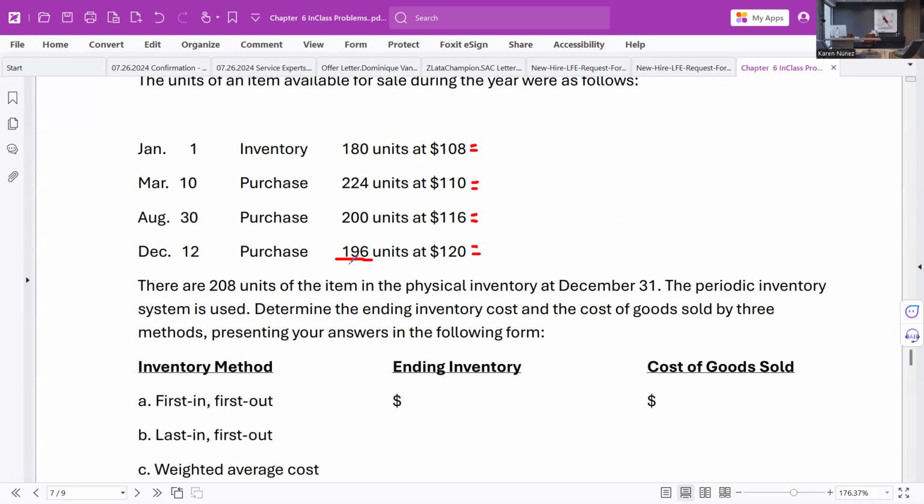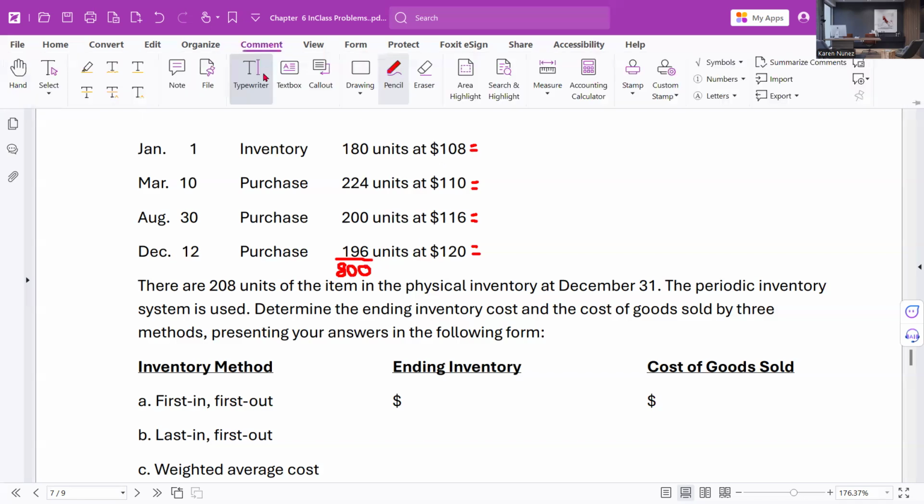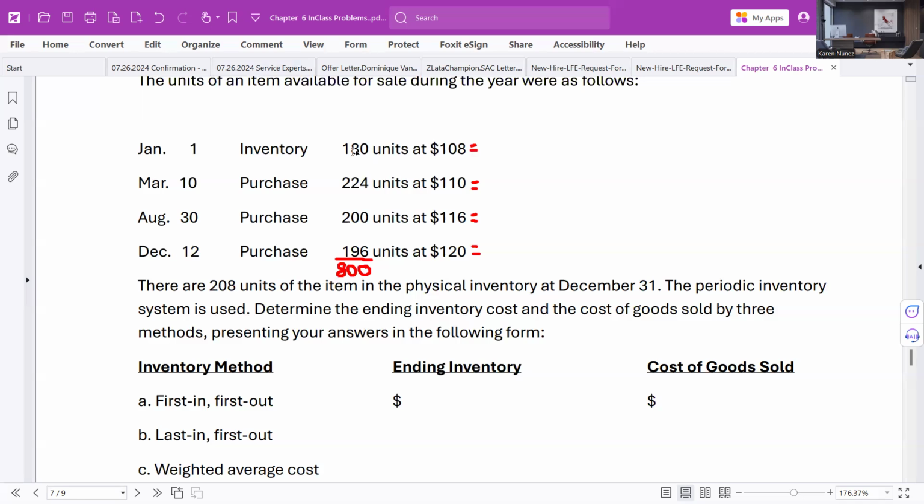So add all these units, and we have total units of 800. And we need a cost. So the cost here: 180 units at 108 is 19,440. And 224 units at 110 is 24,640.